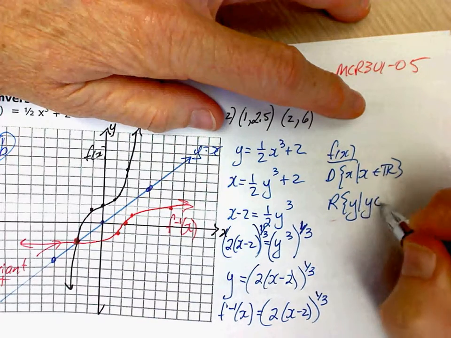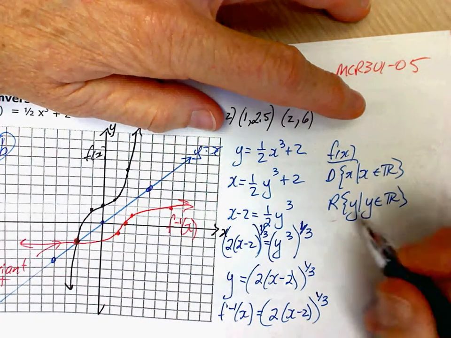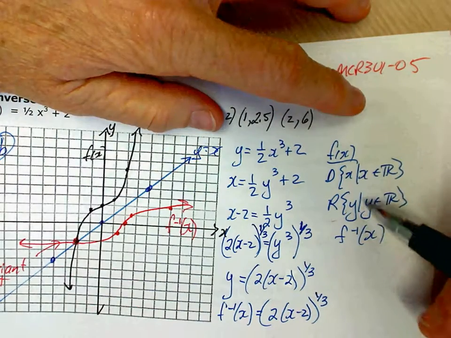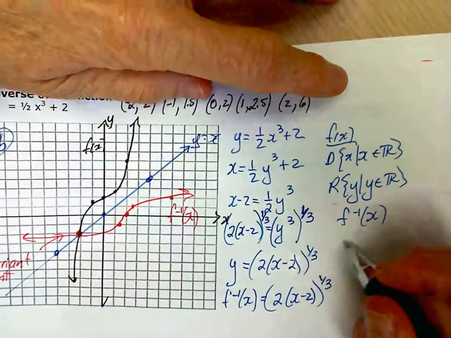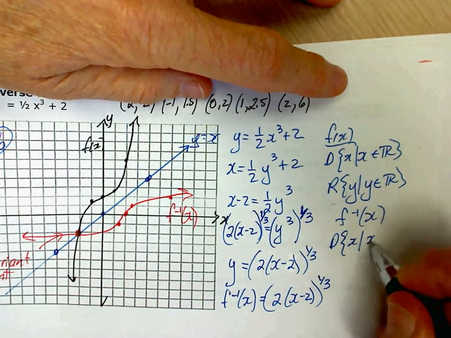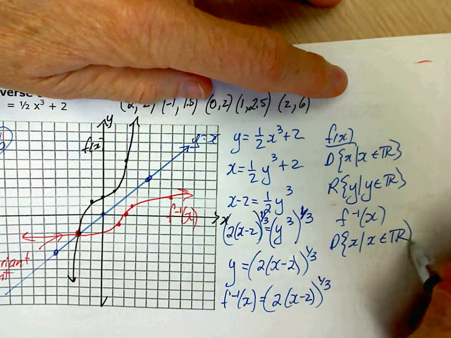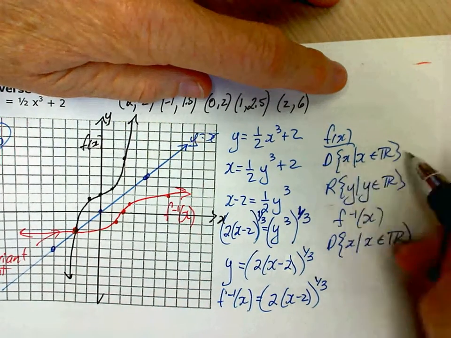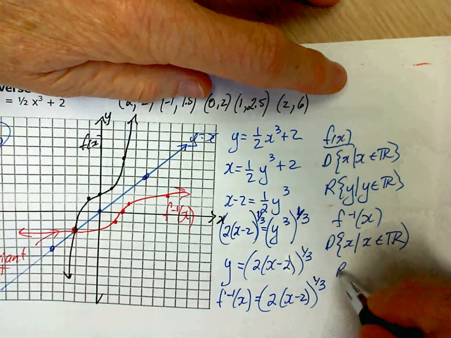The inverse, well, the range of f of x becomes the domain of the inverse, and the domain of f of x becomes the range of the inverse. There, that was easy.